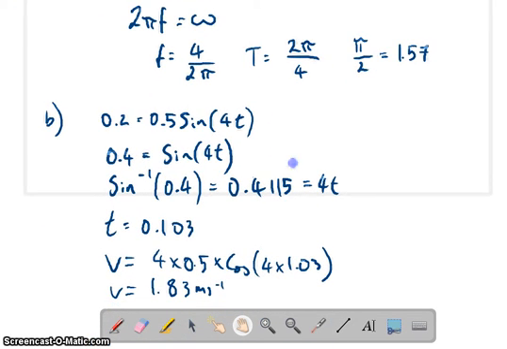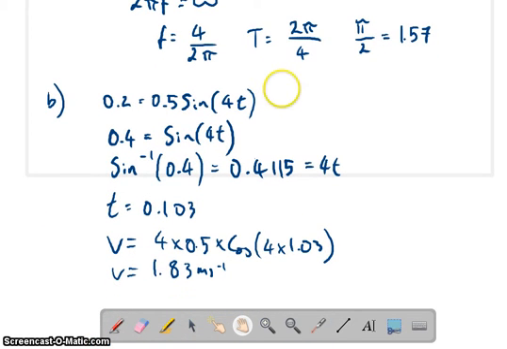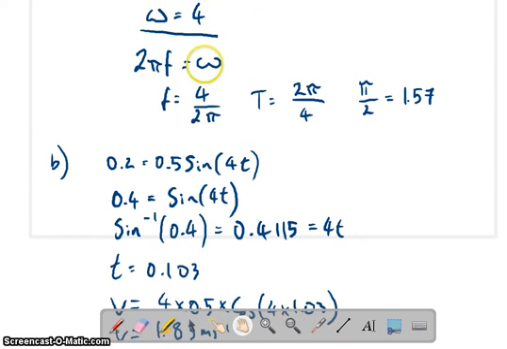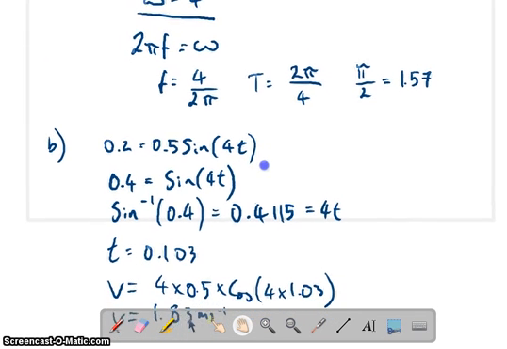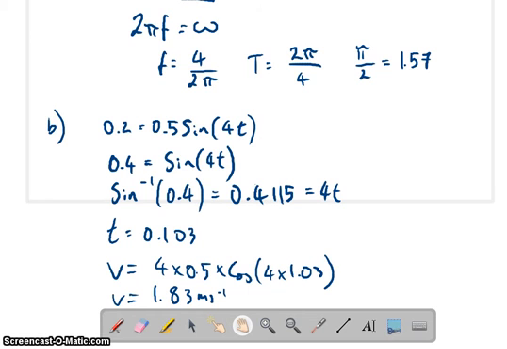So on to part B. If you use the prior information, as in you use omega, then you can work out what the speed of P is when OP is equal to 0.2.